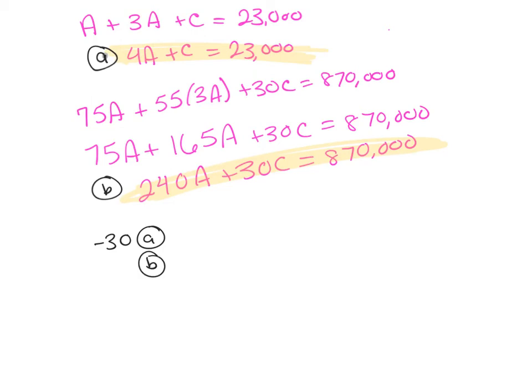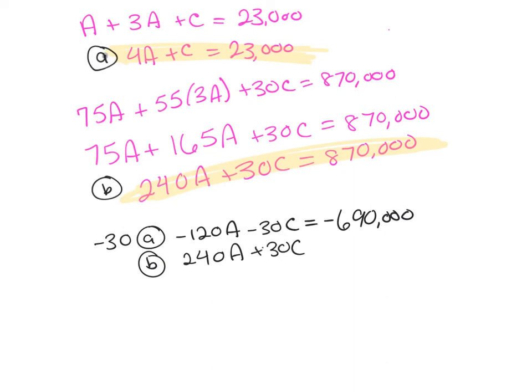So let's multiply that out. -30 times 4A is -120A. -30 times C is -30C equals -30 times 23,000, which is -690,000. Then equation B is 240A plus 30C equals 870,000.